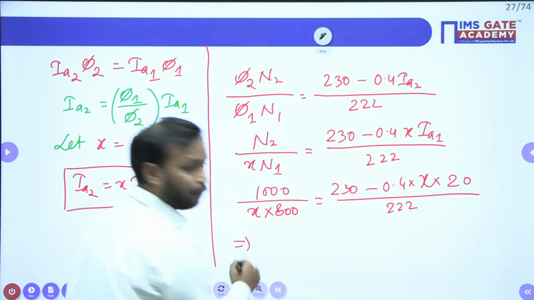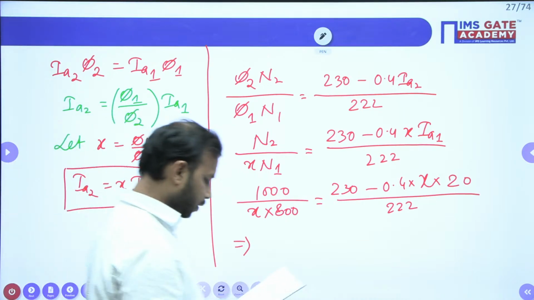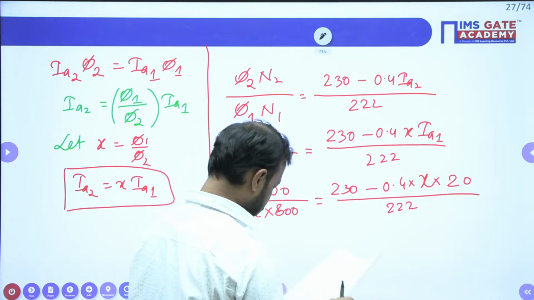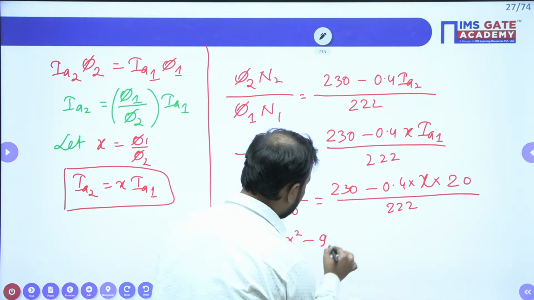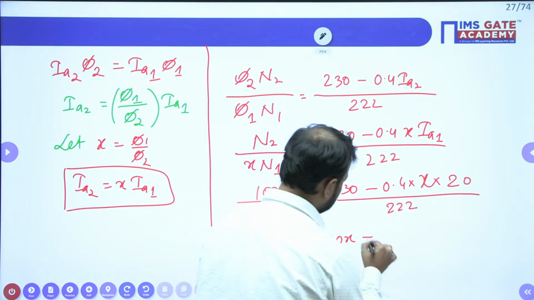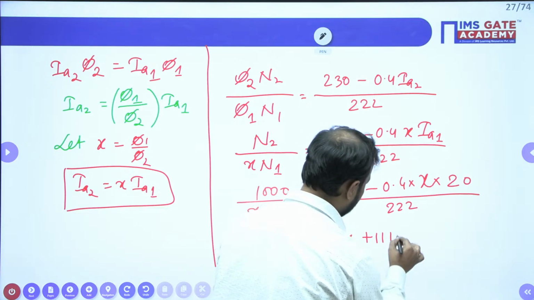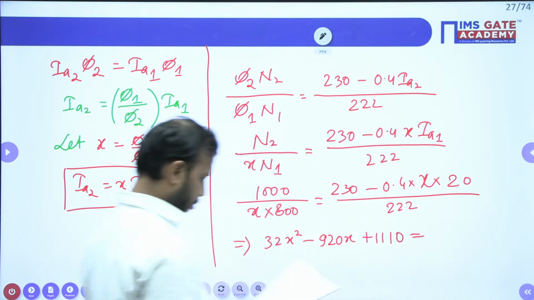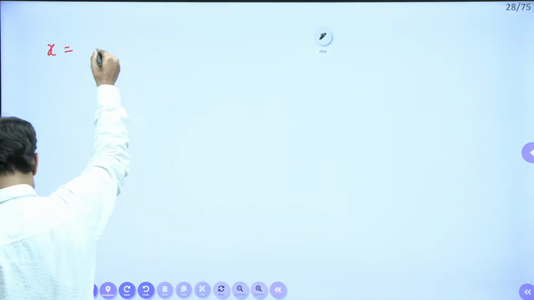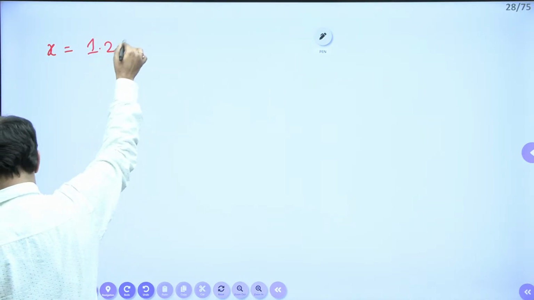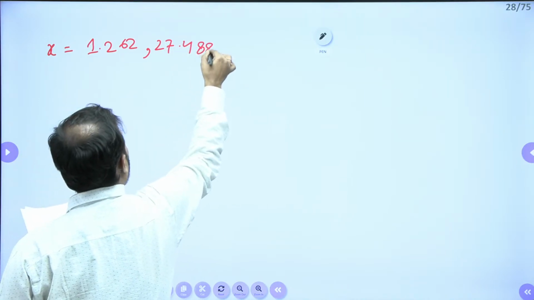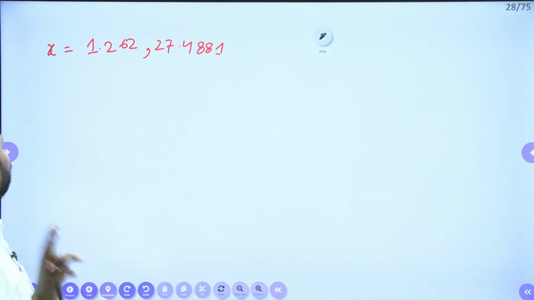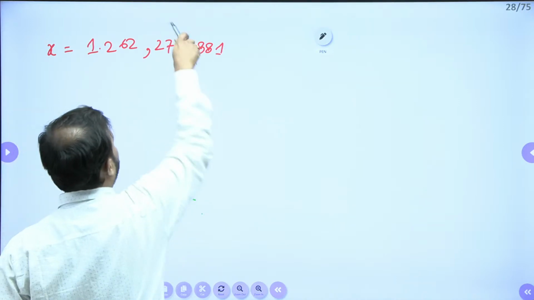From here we get a quadratic expression: 32x square minus 920x plus 1110 equal to 0. When you solve this, you get x as 1.262 and 27.4881. So we have two values for x, but one value is not possible.